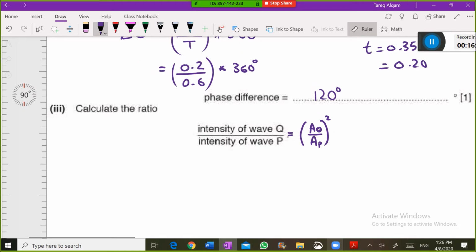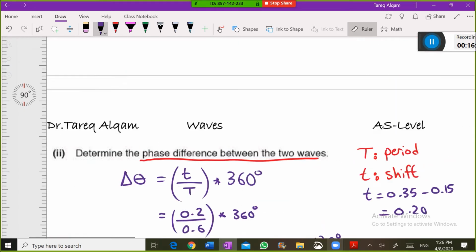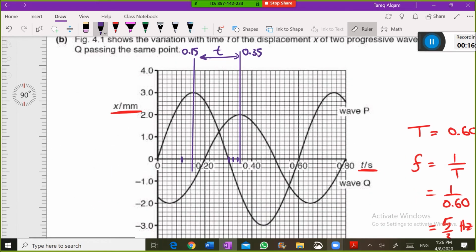So the intensity of wave Q, the amplitude, this is the amplitude of wave P, meaning AP equals 3 millimeters, and Q is 2 millimeters.